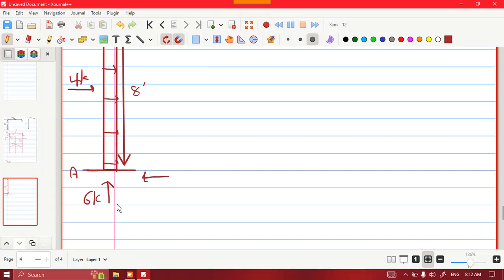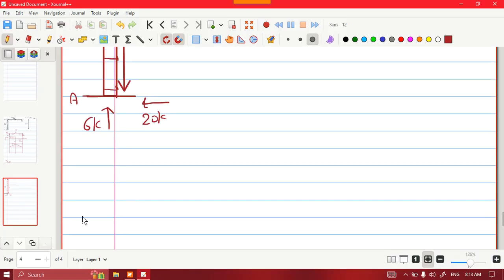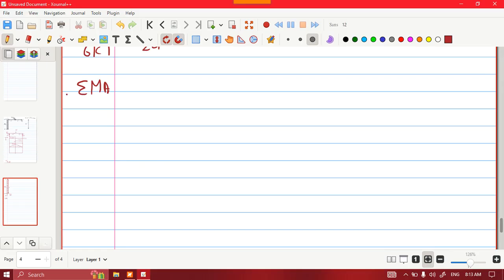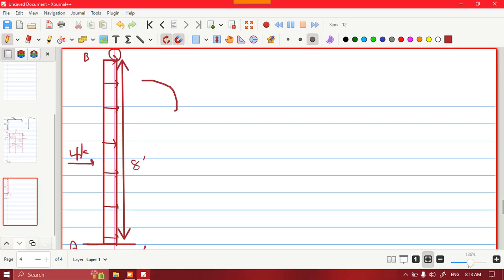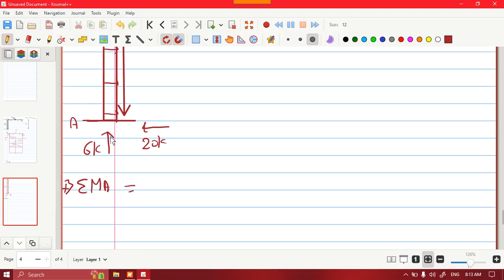I'm going to get 20 in this direction by eye inspection, and I have to find the moment at point A. I'm going to assume the direction of the moment to be counterclockwise. Why? Because these loads will cause a moment in this direction, counterclockwise. So for this reason, I can use the moment here like this.